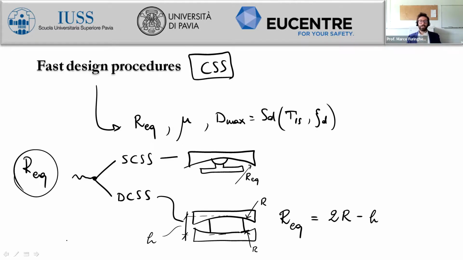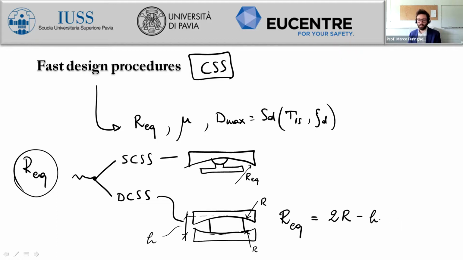Depending on the typology of isolator that we want to consider, single or double curved surface slider, the equivalent radius of curvature can become directly the radius of curvature of the main surface, because the other surface is just a hinge for the single curved. For the double curved, if we assume the same radius of curvature for both surfaces and a unique steel block as an internal slider, we have exactly this expression.